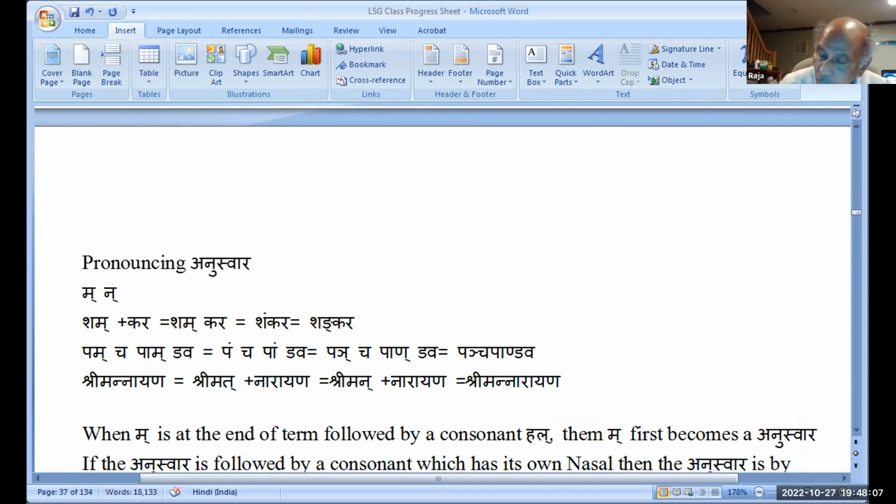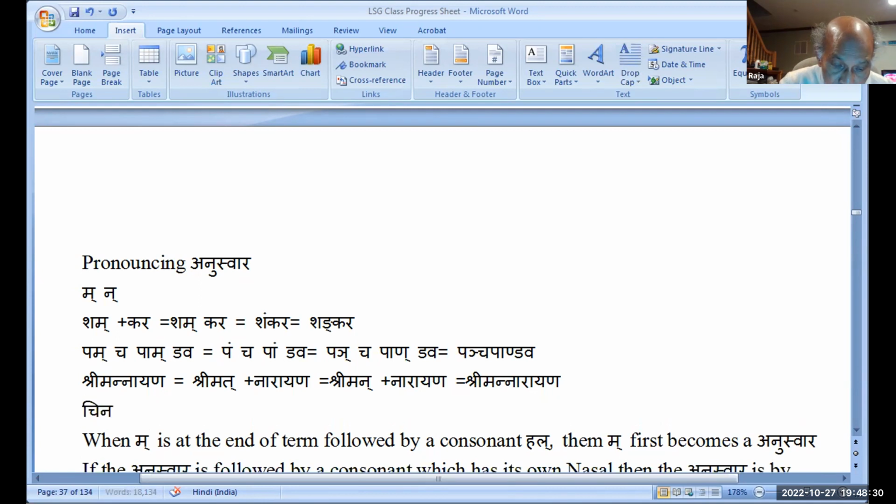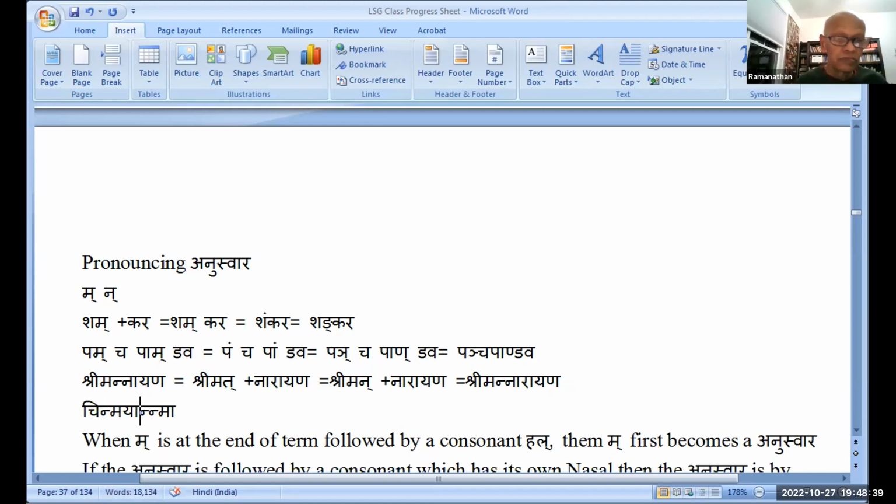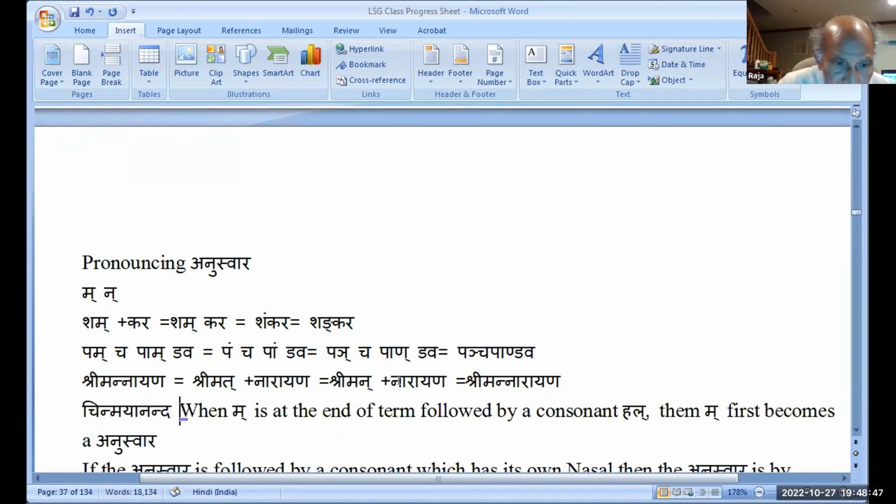Likewise, you have Jagannatha, Jagatnatha. And these are the sandhis we are going to do extensively when we do the consonant sandhi section. And you have this, most of you know, Chinmayananda.